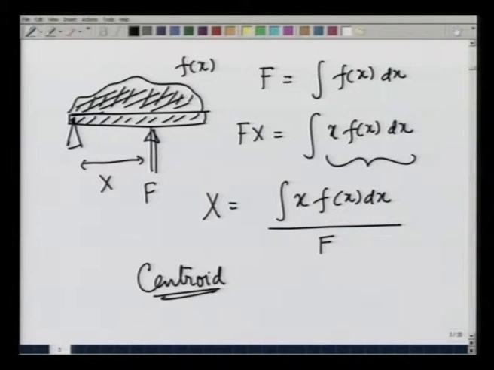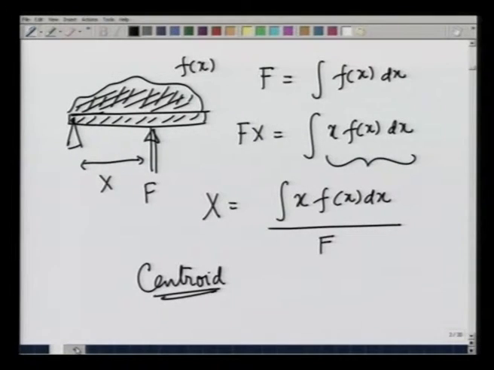I must point out that when the total force capital F is applied at the centroid, no other force is needed to support the beam. That is, in that situation, the force applied by the pin joint will be 0. As such, in the case of f(x) being the gravitational force, the centroid gives the position of the center of gravity.